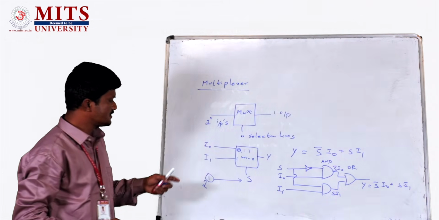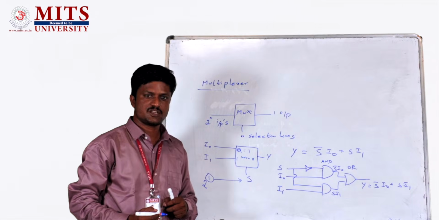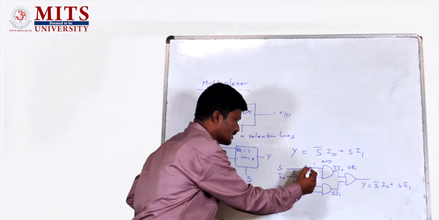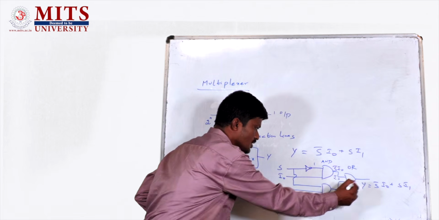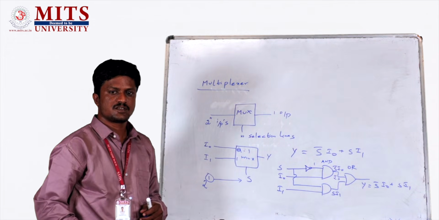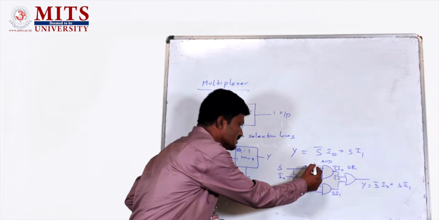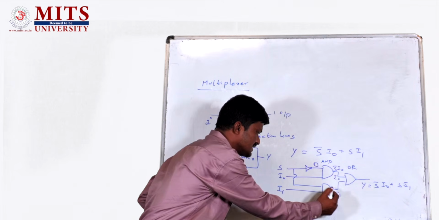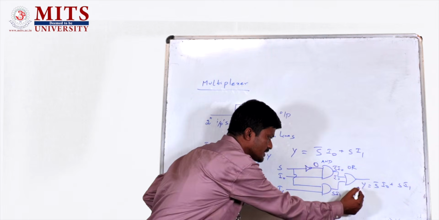So in this case, when S is 0, the complement of 0 is 1, then I naught will be passing to the output. In the other case, when S becomes 1, the inverter output becomes 0, then the second AND gate will be enabled, and its passing output is I1.